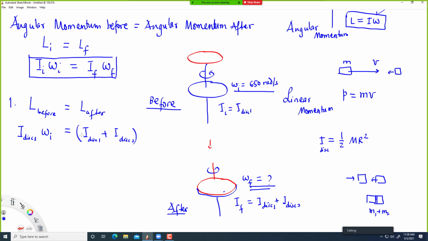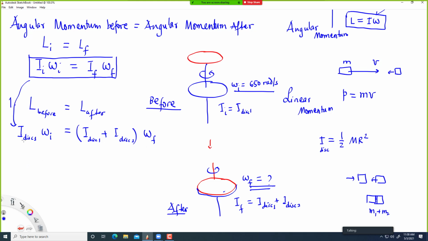Here we take I1 plus I2 as combined moment of inertia times final angular velocity. Okay. So we are just using that here. Total angular momentum before collision, total angular momentum after collision. So rest is just using the formula.